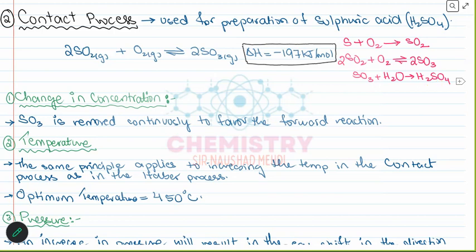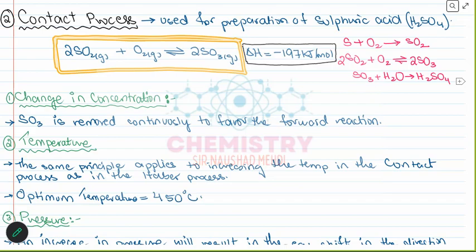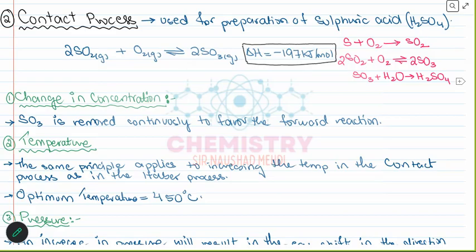Understood? Yes or no? So that's why we have picked up this second reaction. On this step, we have to apply all the four factors. Are you understanding the point? Is that clear till now?